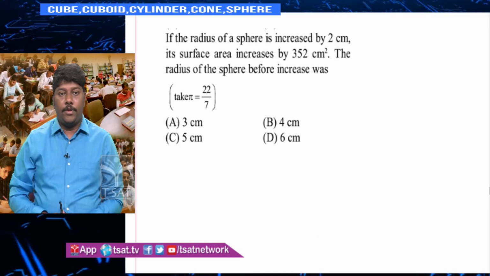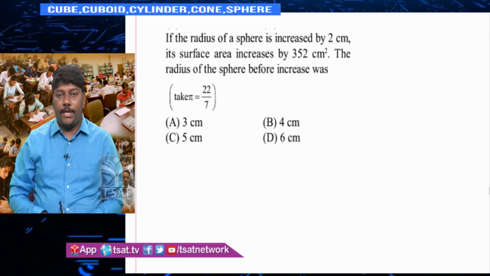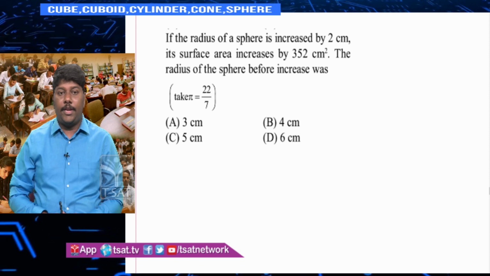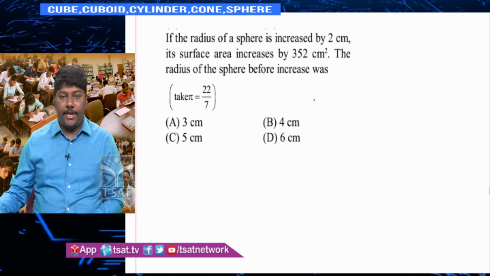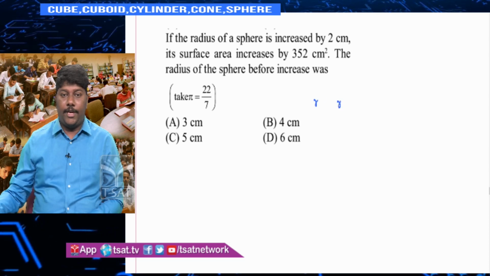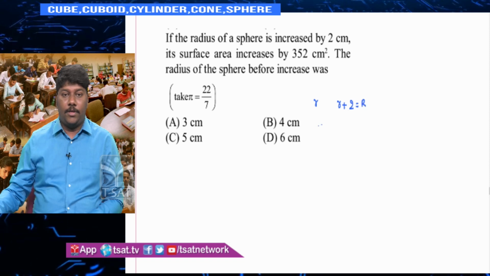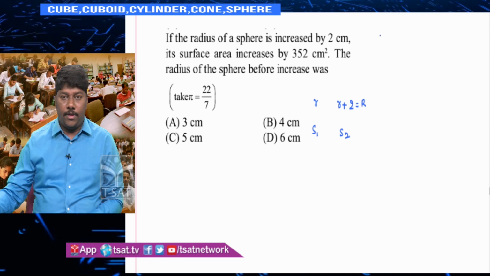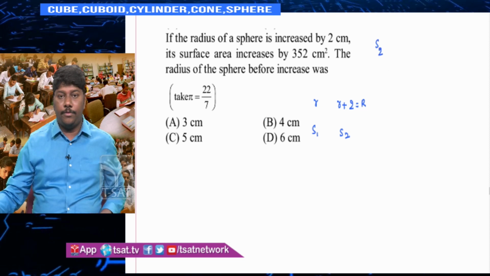Look at this problem. If the radius of a sphere is increased by 2 centimeters, its surface area increases by 352 centimeter square. The radius of the sphere before the increase was? Initial radius you take as r, in the next case it is r plus 2, let us say capital R. This one is S1, S2. We know that S2 minus S1 is 352.